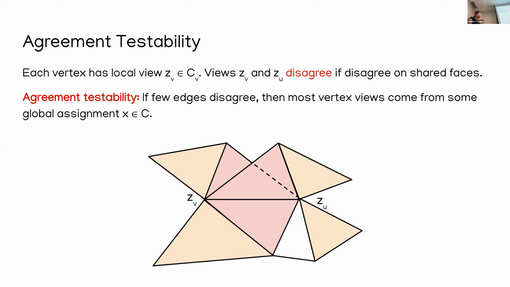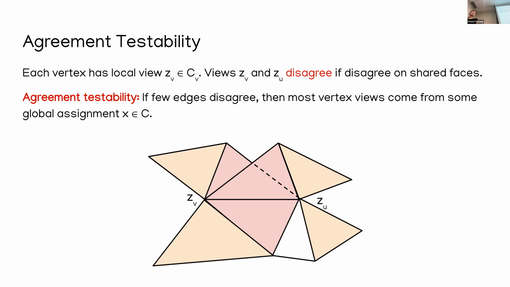But as you said, because I want a high dimensional expander, I want the number of faces touching each vertex to be sparse. Yeah, so we're going to have to analyze it. You're right, a priori it's not clear that we solved the issue yet, but it turns out that the HDX structure, because it's connected in a specific way, will give us the necessary connectivity to prove that the original test is actually okay. Okay, sounds good.